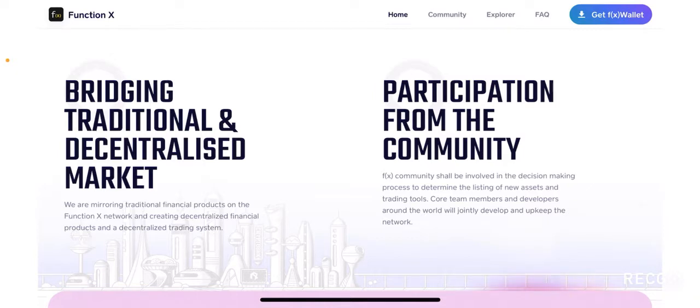So they're not trying to only focus on the decentralized world, because they realize that the traditional markets aren't going to go anywhere, because traditional systems will still continue to exist alongside decentralized markets, instead of decentralized markets being the dominant one. And they're practically using this as an opportunity to bridge the gap between the traditional markets and the decentralized markets, right?